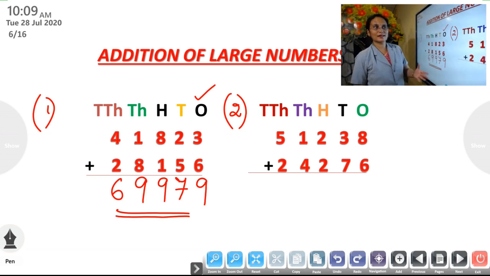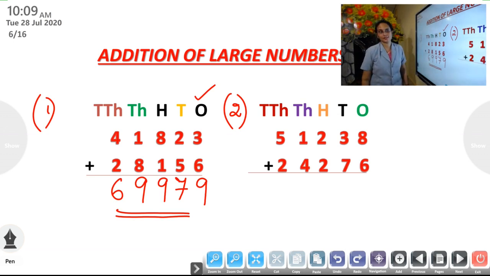24,276. Again, we start adding from the ones place. 8 plus 6. For 8 plus 6, you keep 8 in your mind and forward counting, take 6 in your fingers. So 8 in your mind. Then 9, 10, 11, 12, 13, 14.